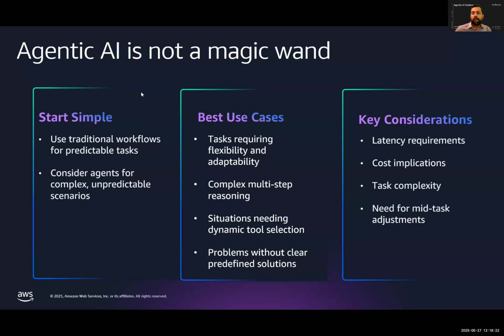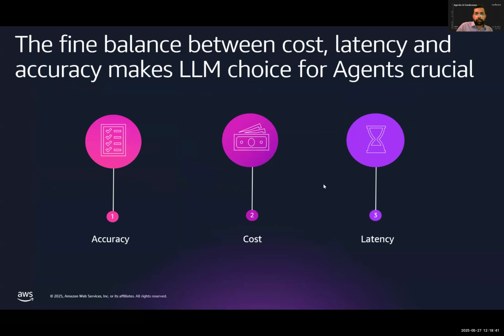At the same time, you have to think about task complexity and whether or not you need to adjust your workflow mid-task. As you build agentic applications, there are a lot of trade-offs between latency, cost, and task performance, which are really important for agentic AI.